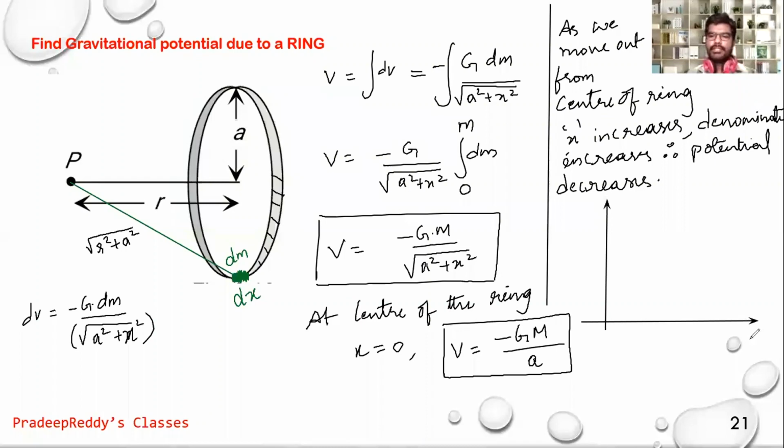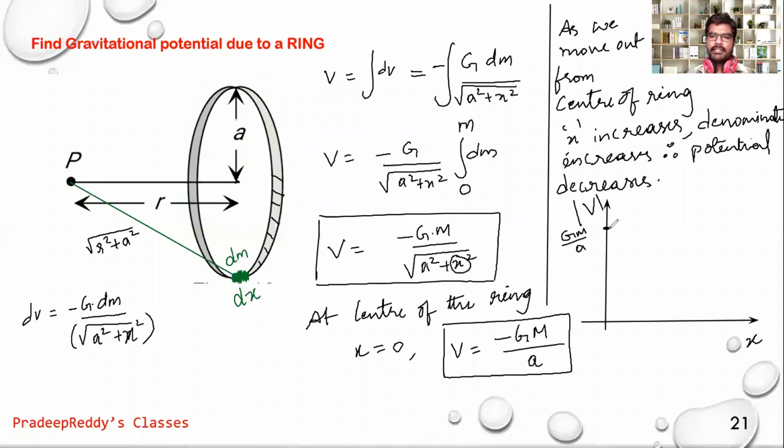At the center of the ring, gravitational potential is capital G capital M divided by a. I am just taking the magnitude here. This is one value. As you are moving out from the center, the denominator x goes on increasing.